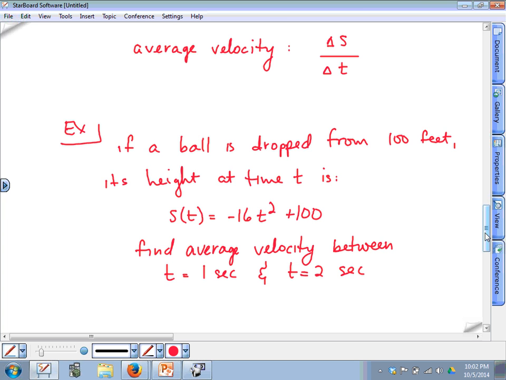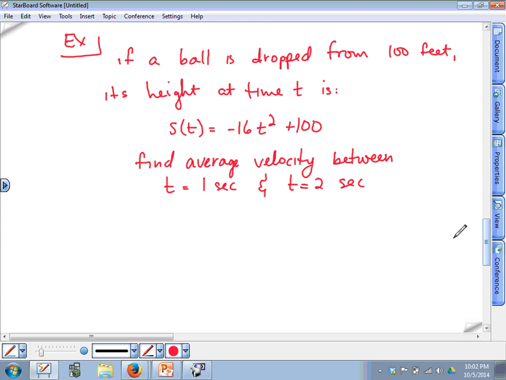It's nothing more than the slope formula. It's the change in the position divided by the change in time. So the change of position is going to be s of t2 minus s of t1 divided by t2 minus t1.